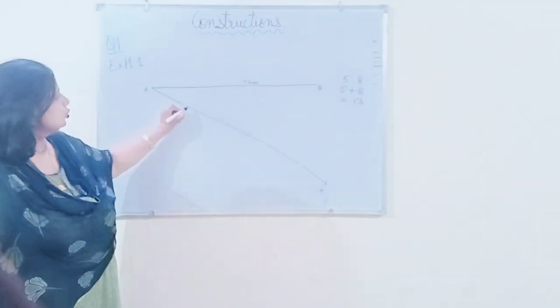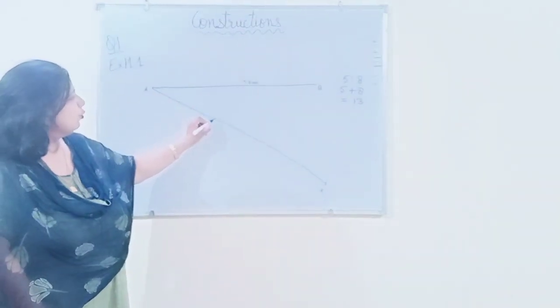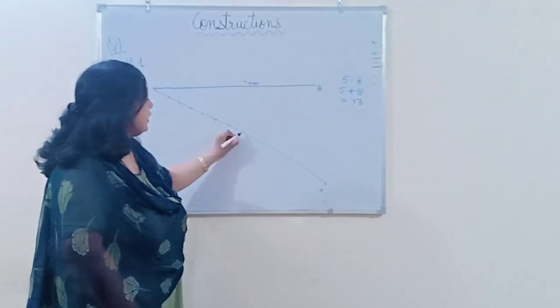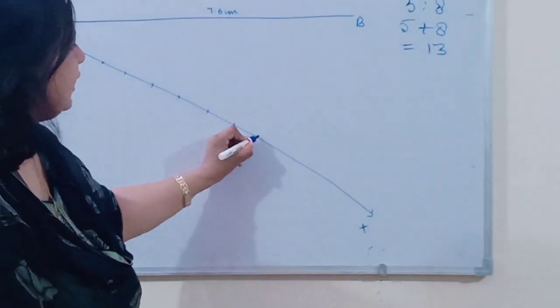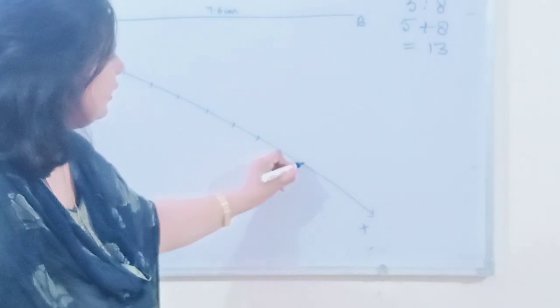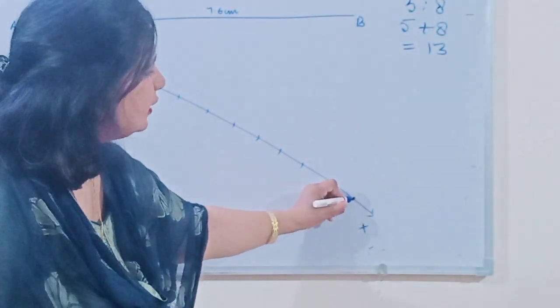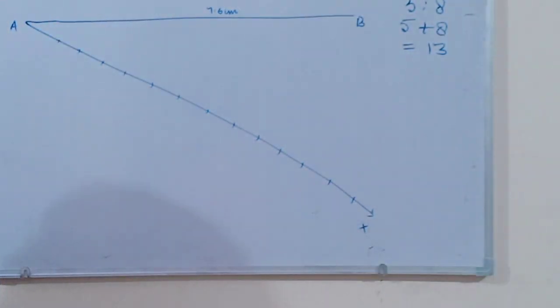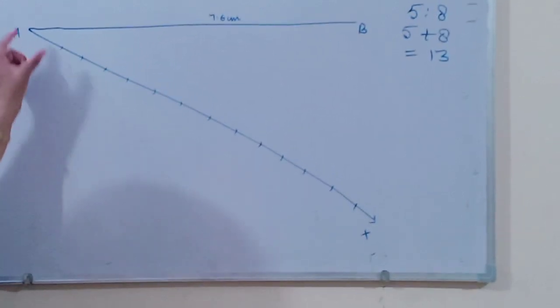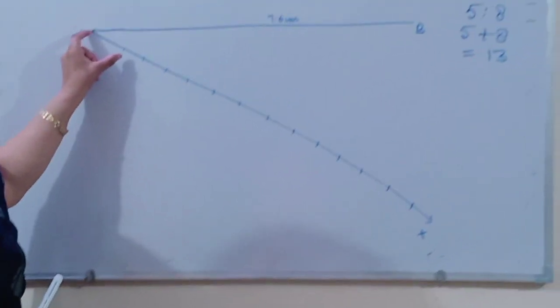1, 2, 3, 4, 5, 6, 7, 8, 9, 10, 11, 12, 13. All these will be equidistant. First we'll keep the needle at A and mark this arc.